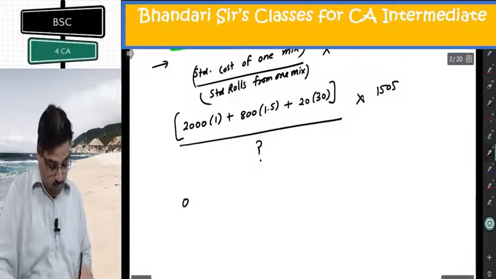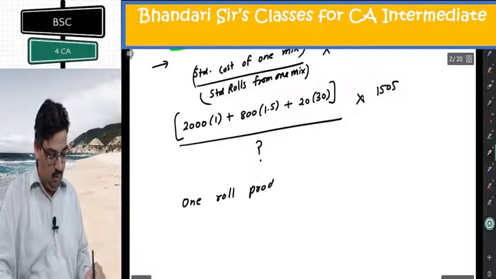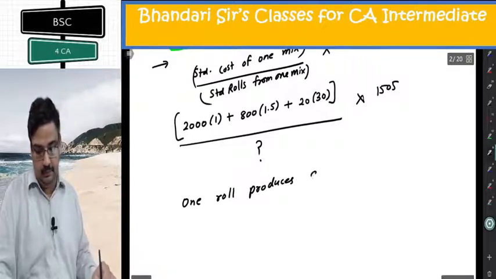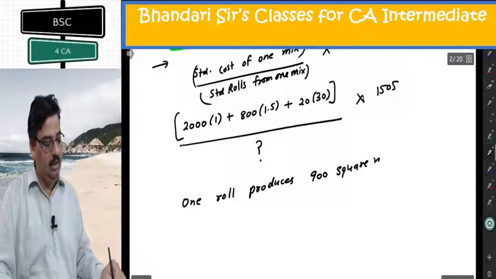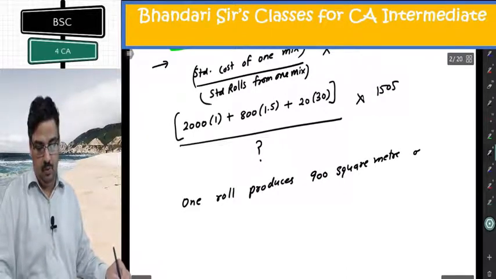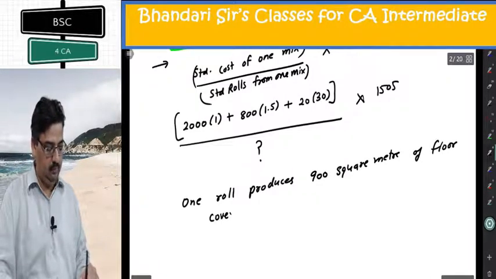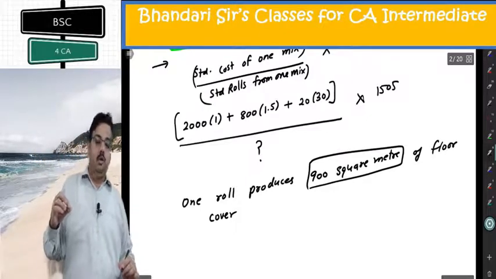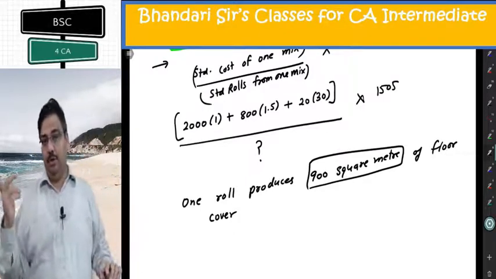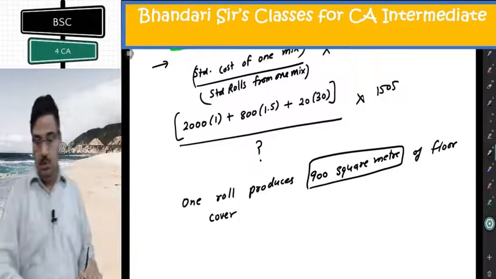Now, one roll produces 900 square meter of floor cover. In those questions, you are given in square foot. Here you are given in square meter.